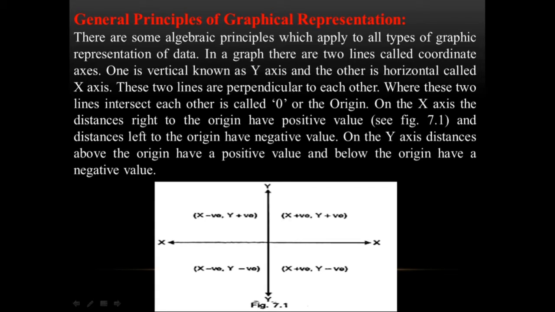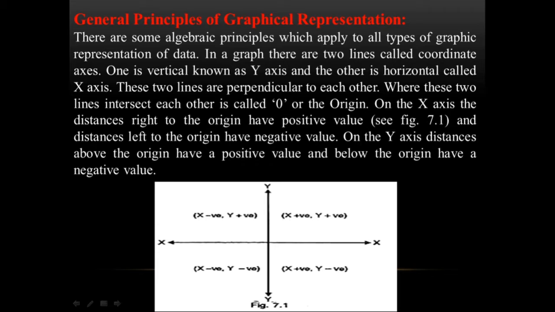On the x-axis, the distances right to the origin have positive value. See in the figure. And distances left to the origin have negative value.